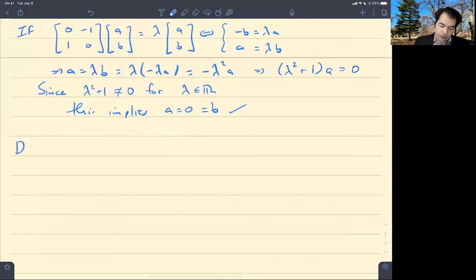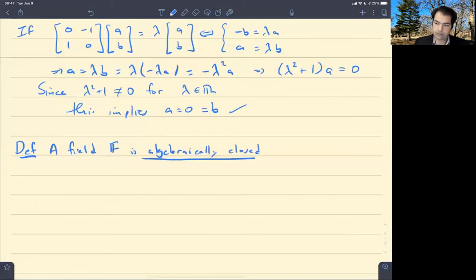So here's the definition. We're going to say that a field F is algebraically closed if every polynomial of degree n greater than 0.